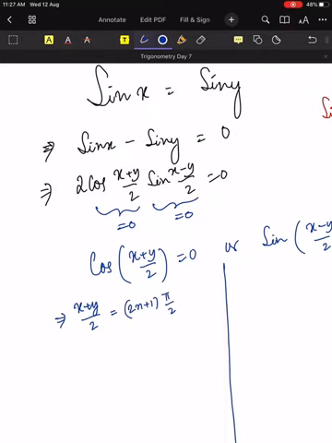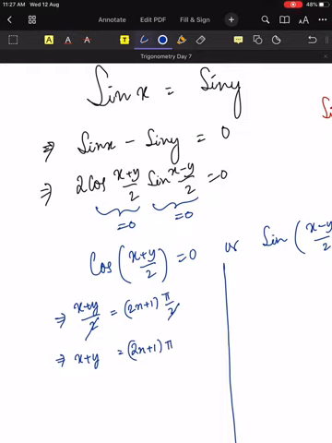This is an odd multiple of 90 degree. Then only cos (x plus y)/2 will be equal to 0. So what we see is here 2 gets cut. So what I get? x plus y is equal to (2n plus 1) pi.